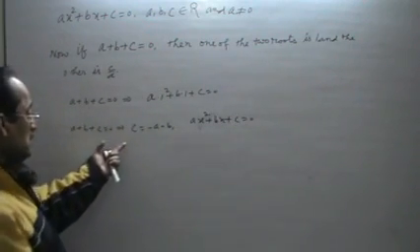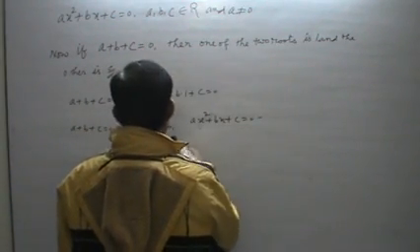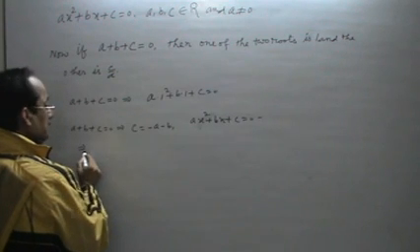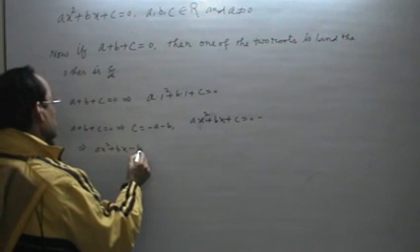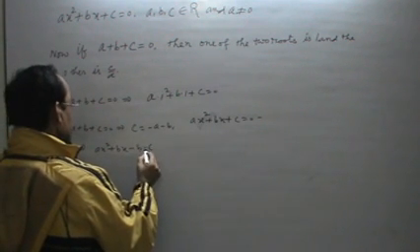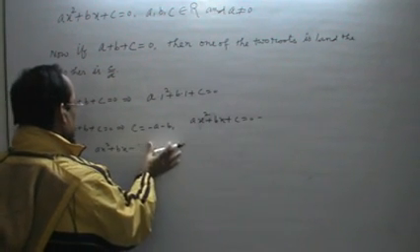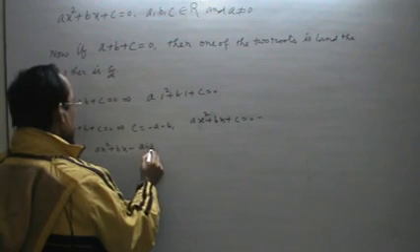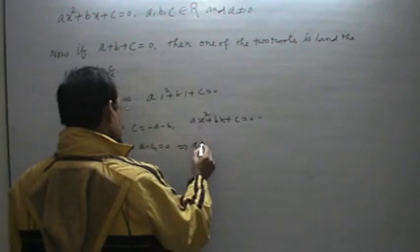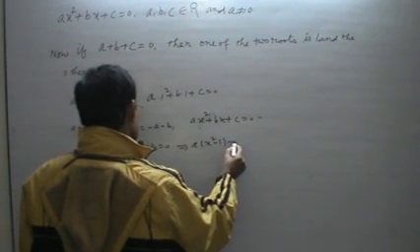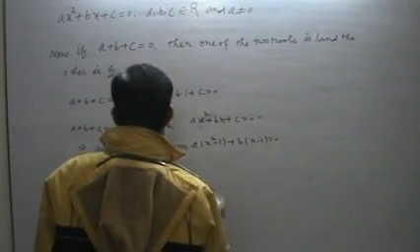If you put c equal to minus a minus b, this gives ax² + bx − a − b = 0. This implies a(x² − 1) + b(x − 1) = 0.